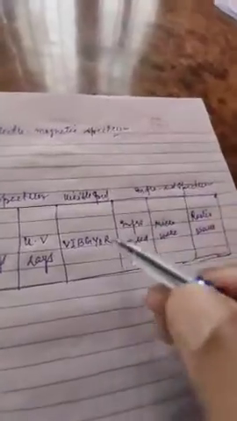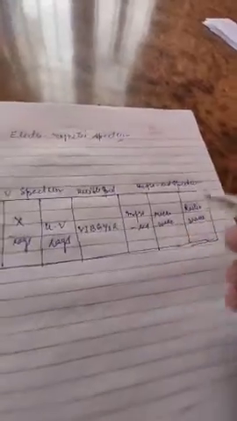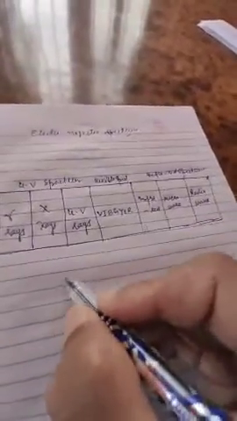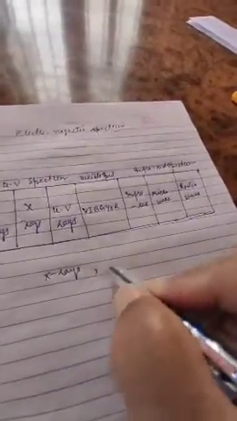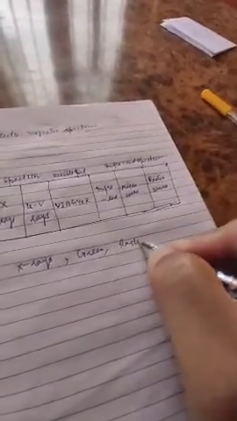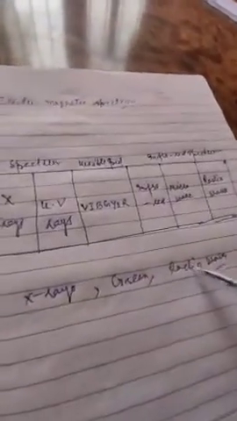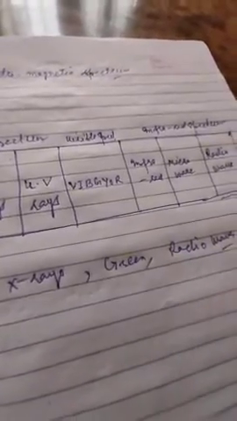Now students, just see, if a question will be given to you: X-ray, green color and radio waves. Arrange them in decreasing order of their frequency or increasing order of frequency.